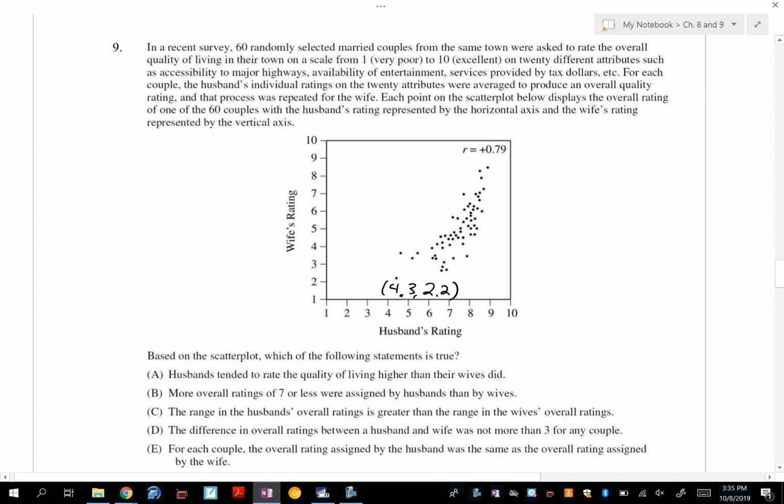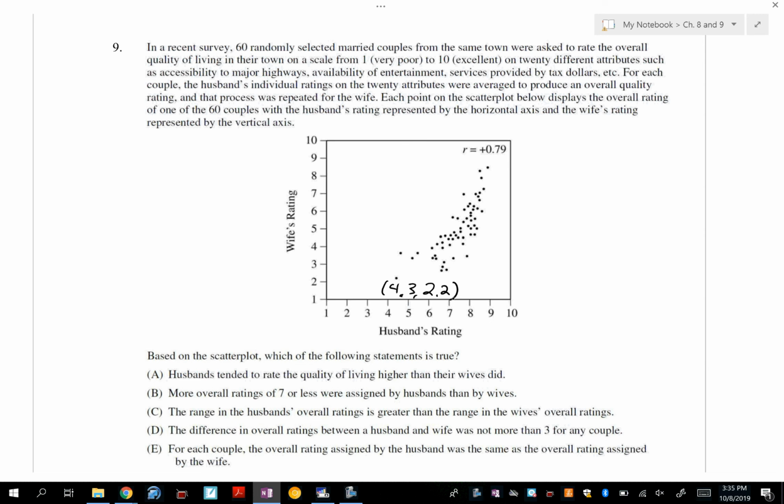But look at the wife. The lowest rating for the wife is 2.2. And look at all these other points, like 2.8, 2.9, 2.95, 3. There's a lot of wives rating it below 4. But are any of the husbands rating living in their town below 4? No. So that's a thought. If you need to write it down, write it down. But that's the first thing I noticed.